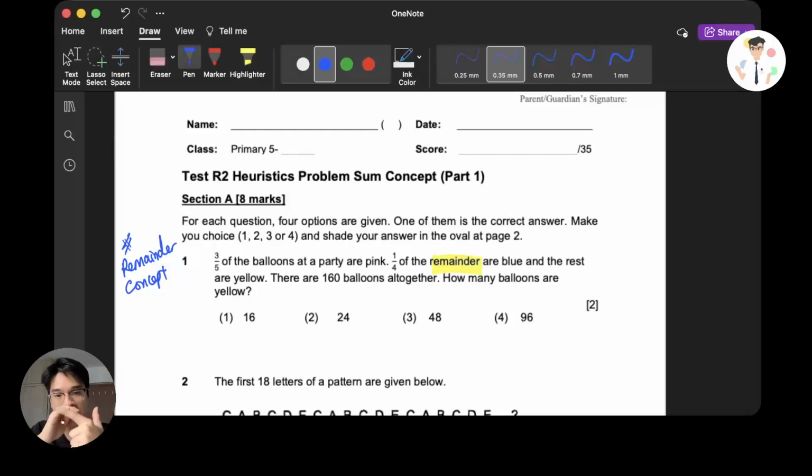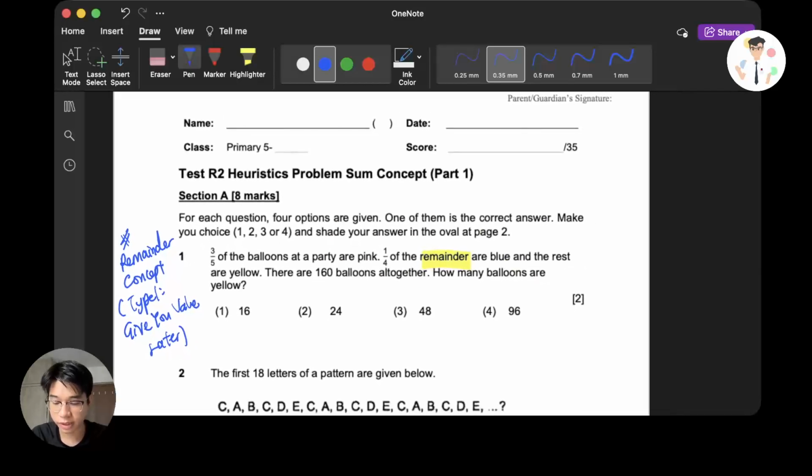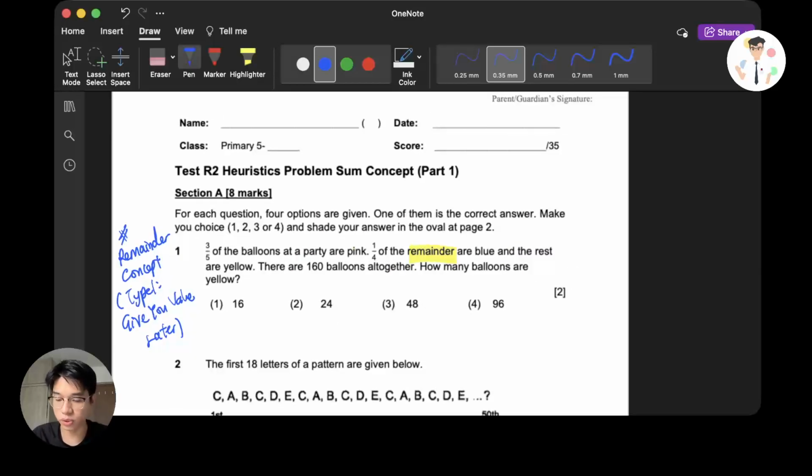As you can see, 160 is the value, and it is given at the end. So I know this is type 1, give you value later. You can flip to booklet R2 now to try, but if you cannot, then let's do it together.